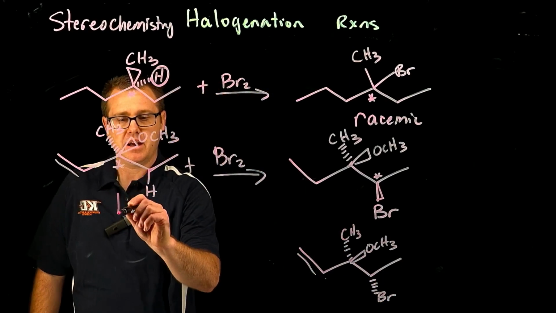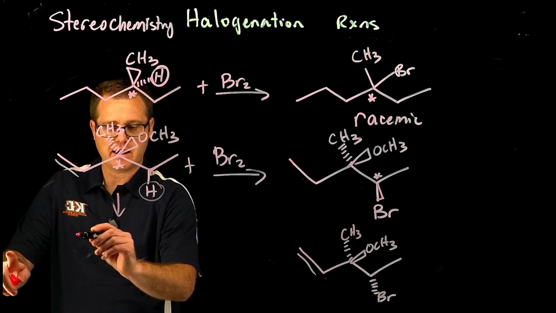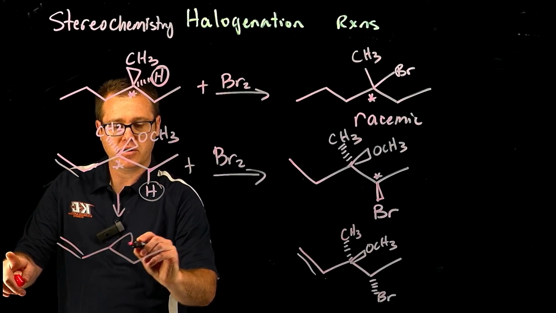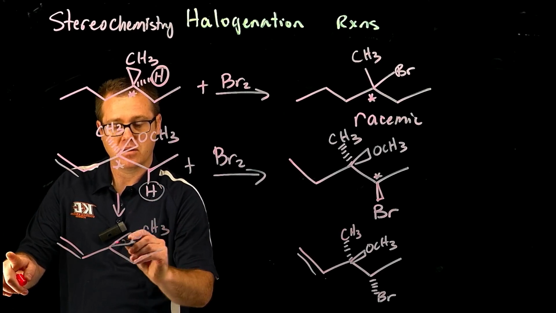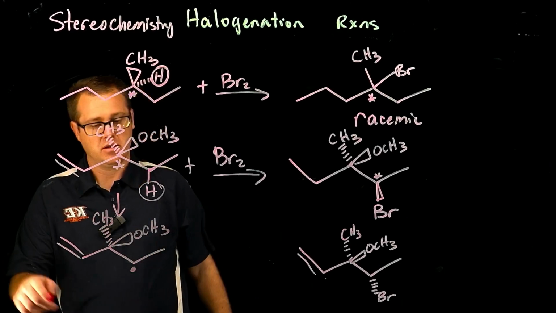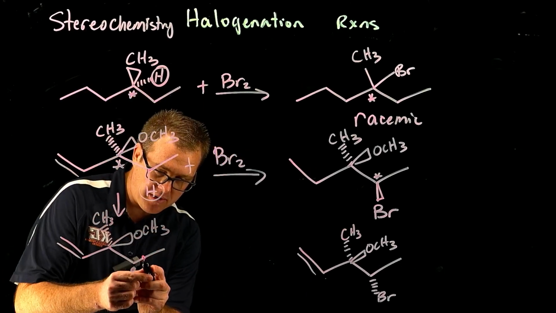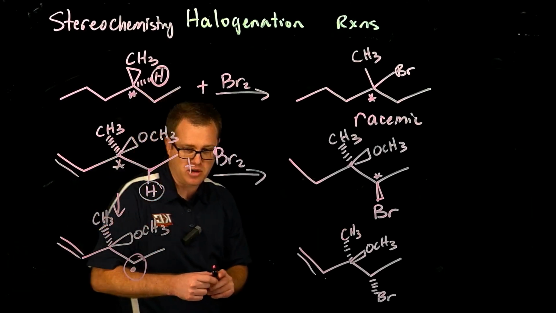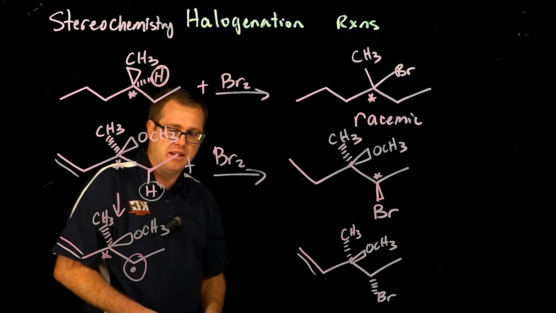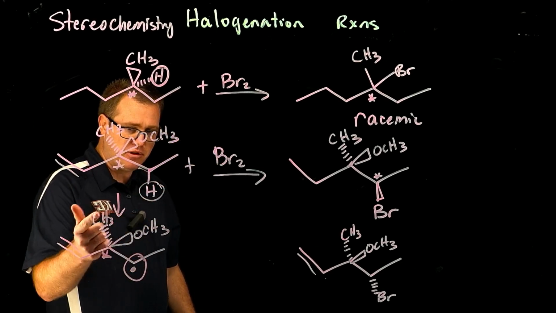So when we do the abstraction and abstract that proton, we are going to have a radical there, so that carbon right there is going to be planar. But you have another stereocenter that has different groups.